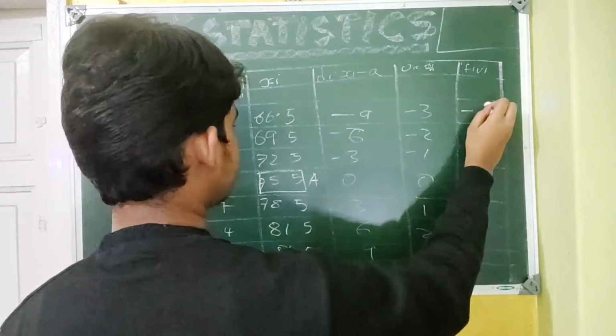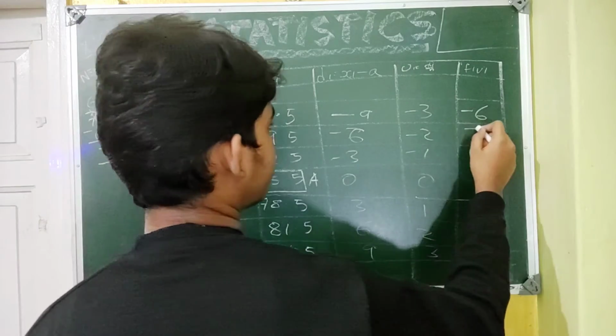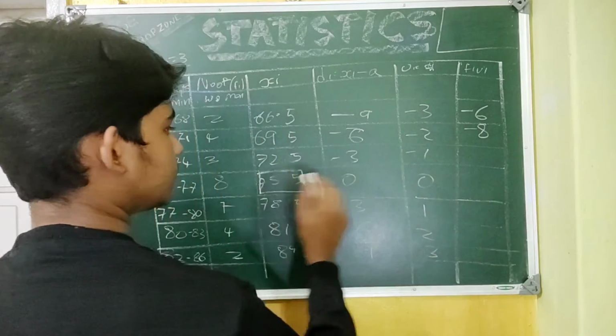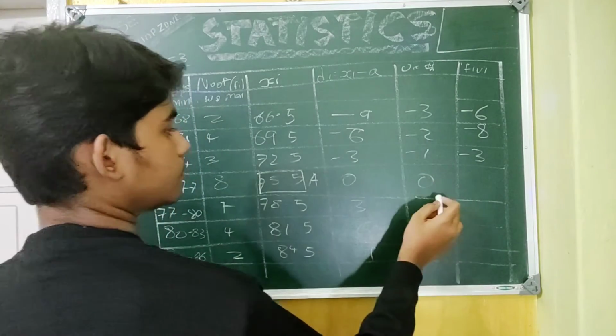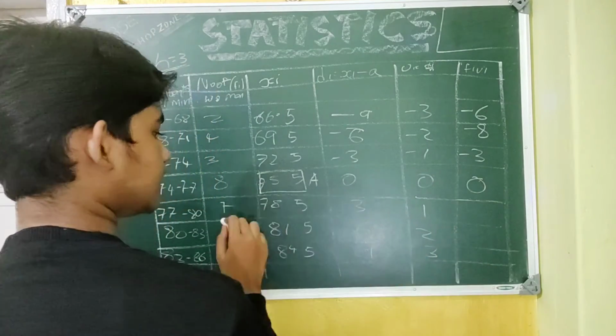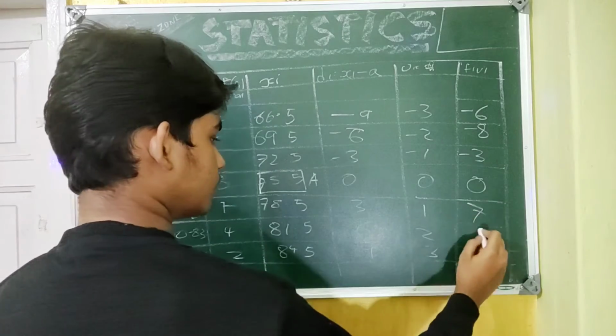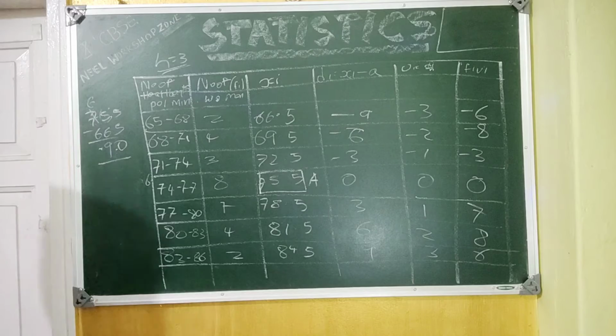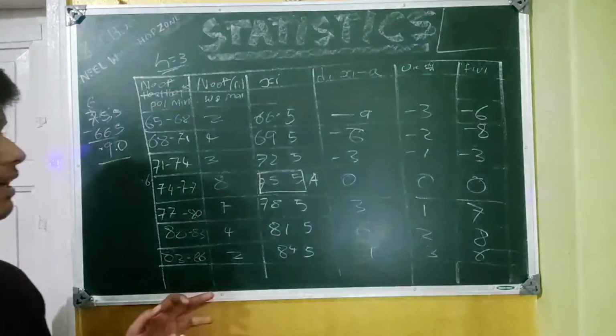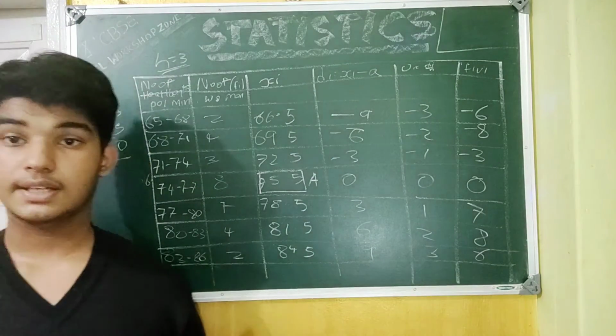So minus 6 and minus 8, that's minus 3 times 2 is minus 6, 4 into minus 2 is minus 8, then 3 into minus 1 is minus 3. After that we have 8 into 0, which is 0. 7 into 1 is 7. 4 twos are 8 and 2 threes are 6. So now that we have written fiui, it's finally time to use the formula.